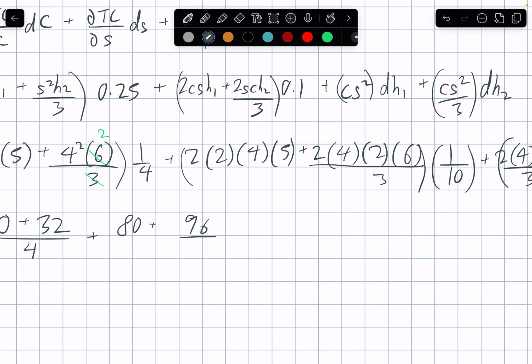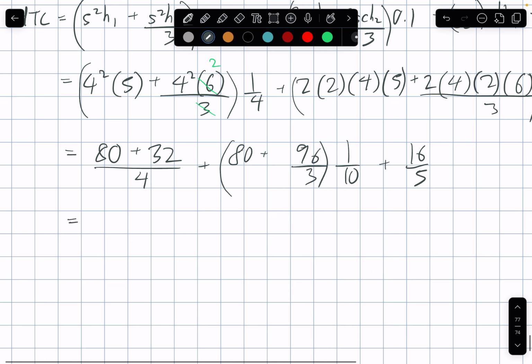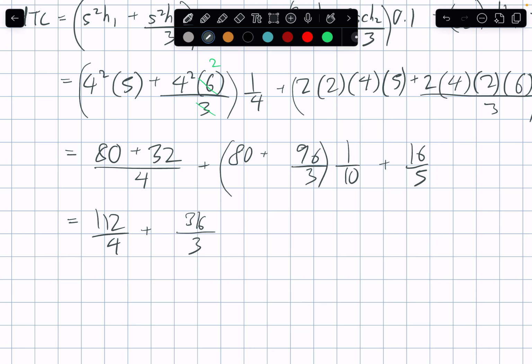Yeah, 96 over 3 times 1 over 10, plus 16 over 5. 112 over 4 plus 240, 316 over 30.